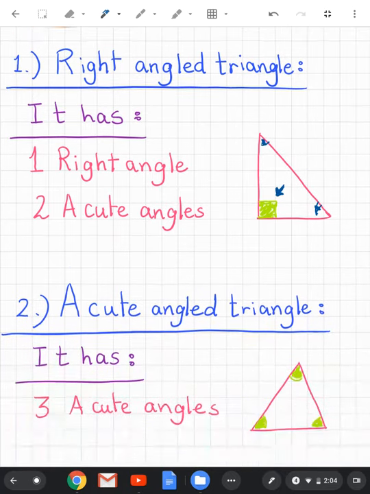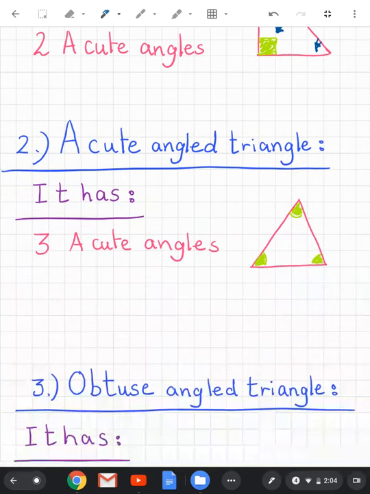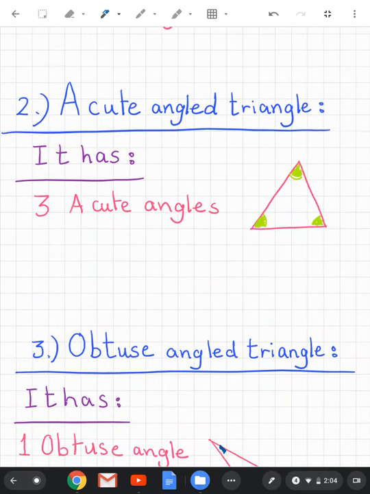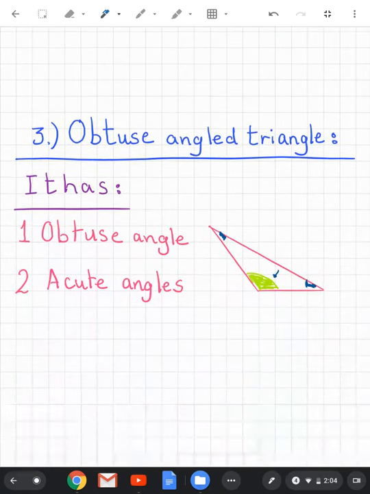Then the second type is the acute angled triangle, which has 3 acute angles. The last type we have is the obtuse angled triangle. This triangle has 1 obtuse angle and 2 acute angles.